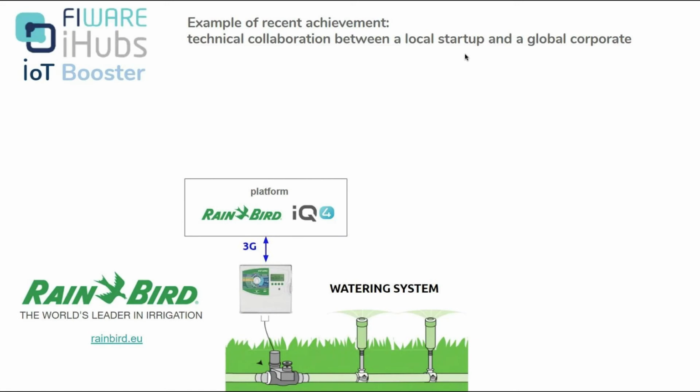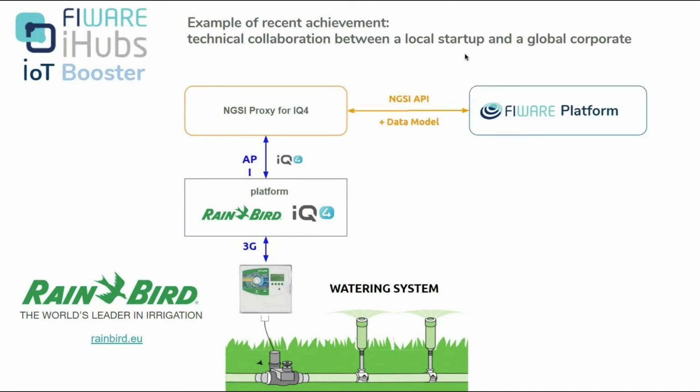As it was a requirement to use FIWARE, it was necessary to develop an NGSI proxy, a FIWARE proxy for the Rainbird platform called AQ4. And then we supported this development and prototyping. Finally, it allowed connecting a FIWARE platform to the Rainbird platform.